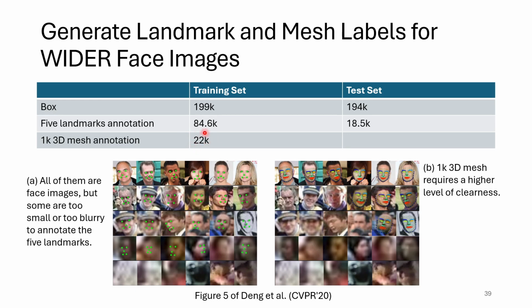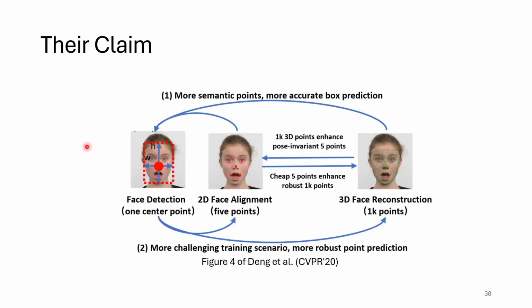As you can see from the number here, they have only 22K images with 1K 3D mesh annotation. So what do they want to claim?